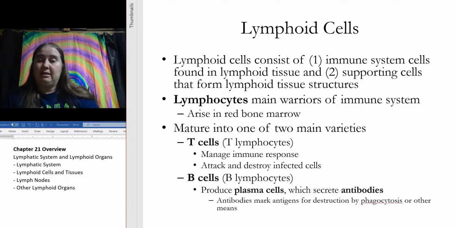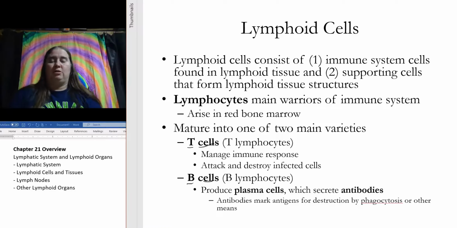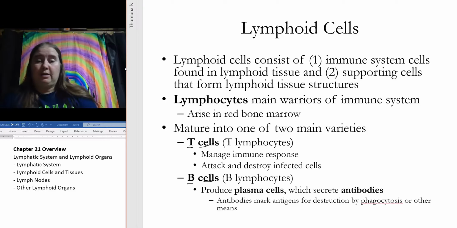However, in immunology, they don't ever really refer to them as T lymphocytes and B lymphocytes. They typically refer to them as T cells and B cells, which is how I refer to them. But remember, both of these are a type of lymphocyte.